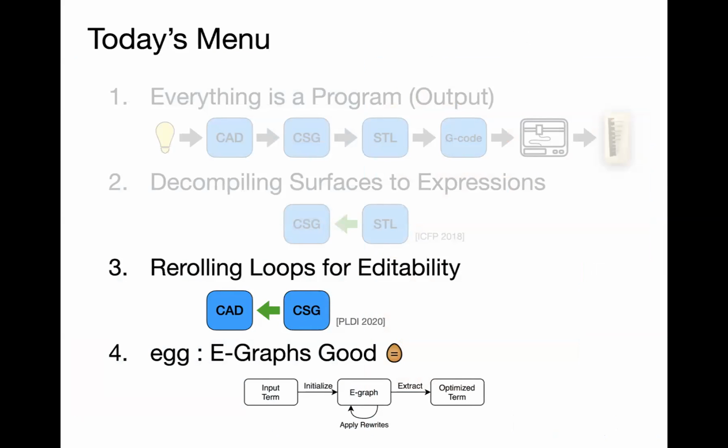But it turns out that that's not all you might want, right? We have made a lot of progress. We've moved from just being given a set of triangles that represents the surface of an object back to an expression that represents the solid object itself. But again, those expressions are really flat.